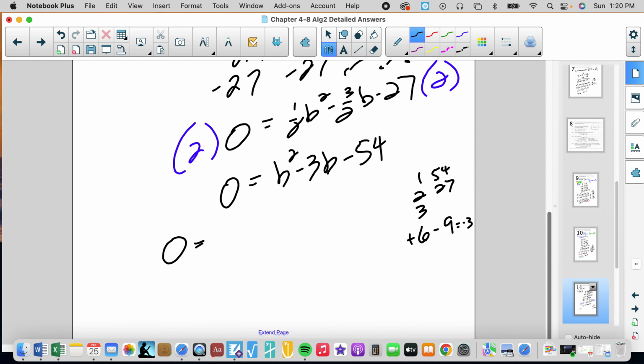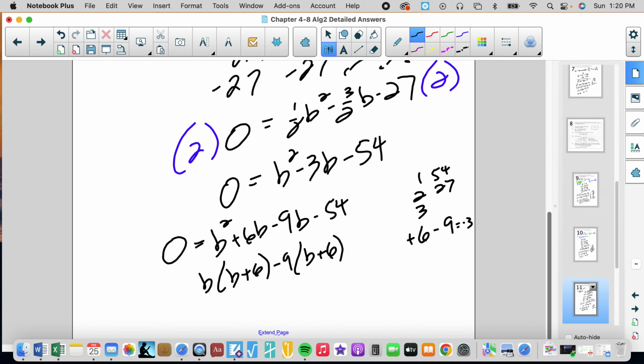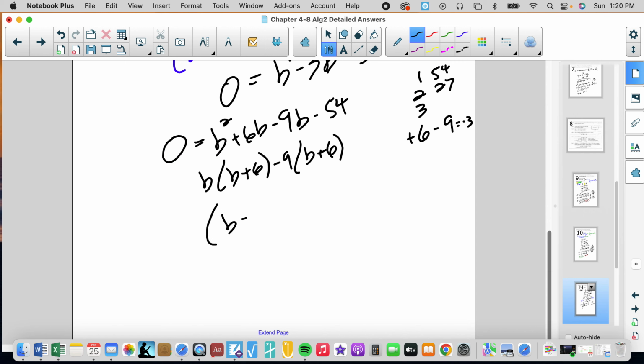So that's interesting: b squared plus 6b minus 9b minus 54. Factor out of b, we get b plus 6. Factor out of negative 9, we get b plus 6. So b plus 6, b minus 9 equals 0. So b is going to equal negative 6. B is going to equal 9.